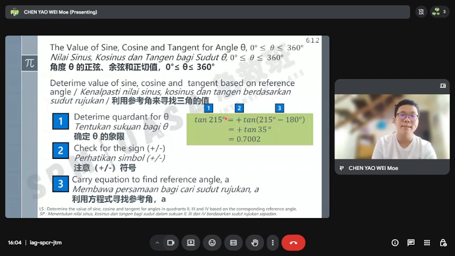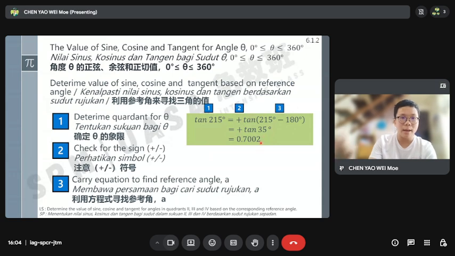Same as here, so I just put positive. Okay, 215 minus 180, because I carry the equation to find the reference angle. So do the steps until you can find the answer.